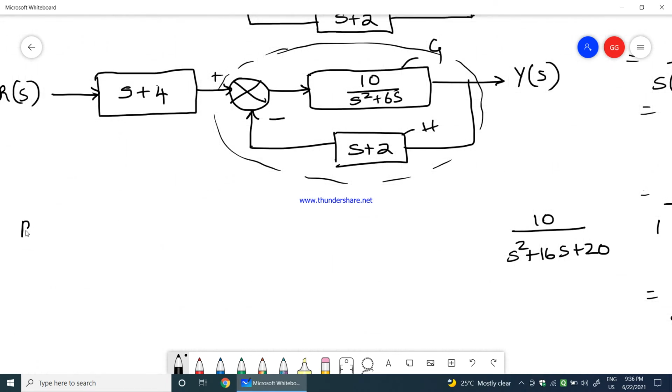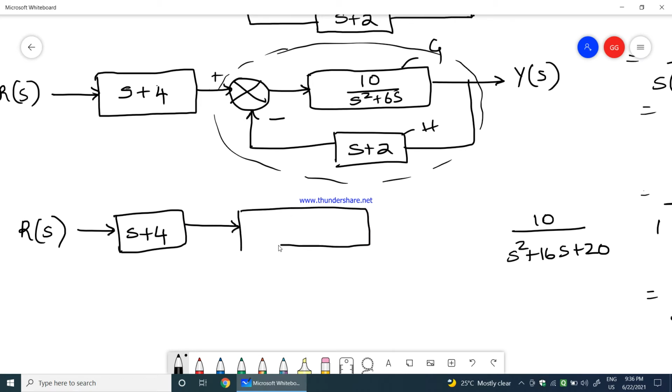Therefore, R of s is the input, s plus 4 is the term where we will now be getting a single block which is 10 divided by s square plus 16s plus 20, and this is Y of s.